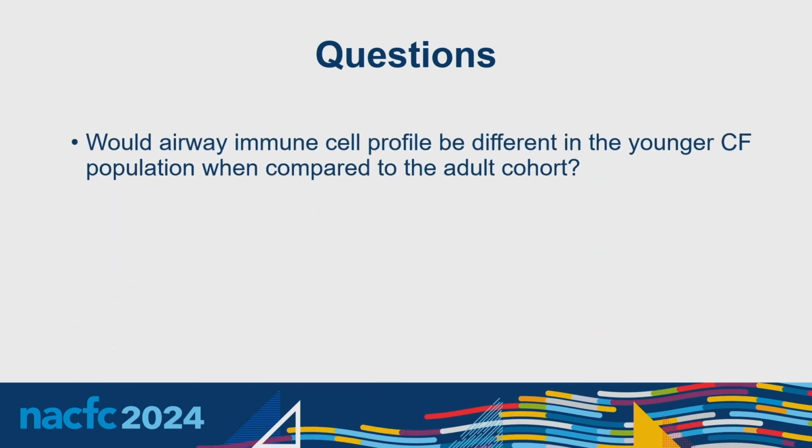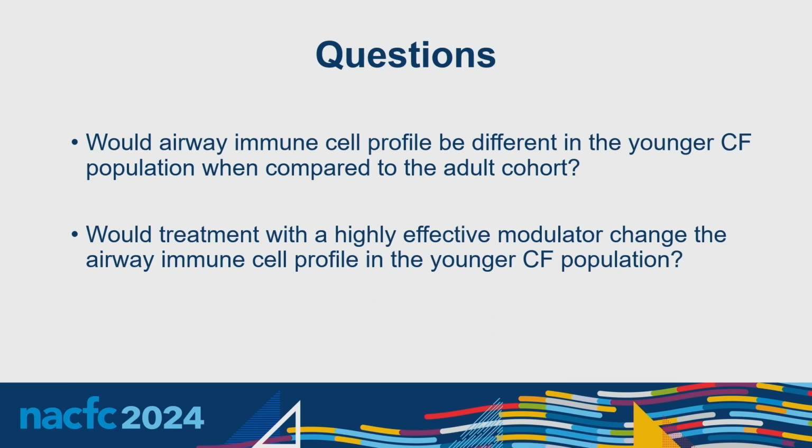If we were to evaluate a younger CF population, would the airway immune cell profile be similar or different when compared to the adult cohort? And secondly, in the era of CFTR modulator therapy, despite significant improvement in clinical care, there remains a knowledge gap: the impact of CFTR modulator therapy on immune response in CF patients.